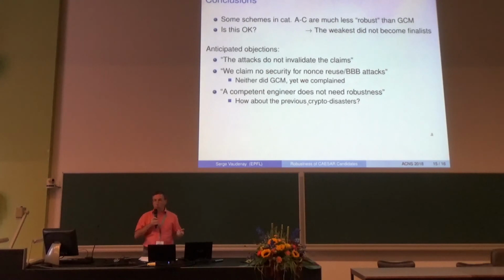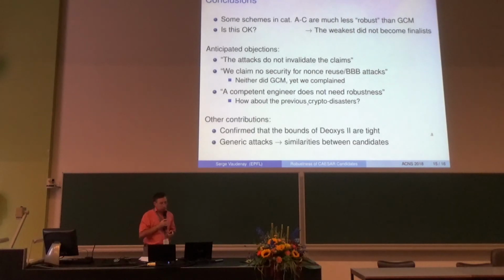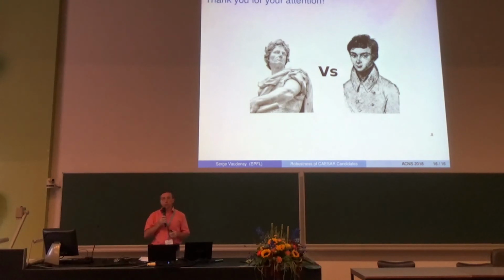Nonces will repeat for whatever reason, because we use a bad random generator, because the nonces are too short and they repeat eventually, because of many kinds of situations. So we have to care about this and try to favor algorithms which are more robust. As another contribution, we confirm that the bounds of DXIS2 are tight, and we have found several attacks which are in the paper, but I don't have time to show them. So, thank you very much.